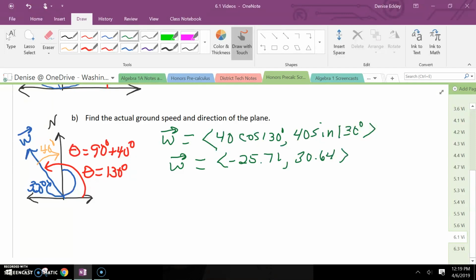So now what we have to do to find the ground speed is add those two together.